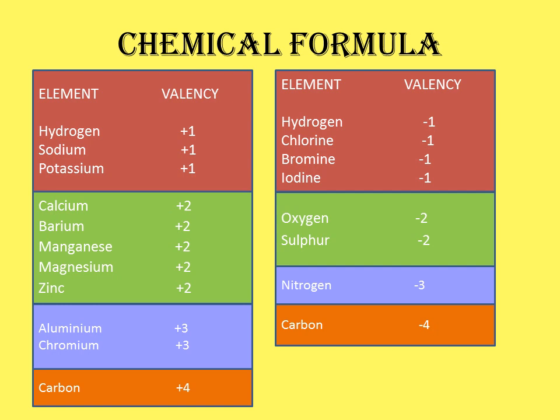Similarly, hydrogen completes its duplet structure by sharing 1 electron, so it has both positive and negative valencies. We will see in which case we take plus 1 and in which case minus 1.